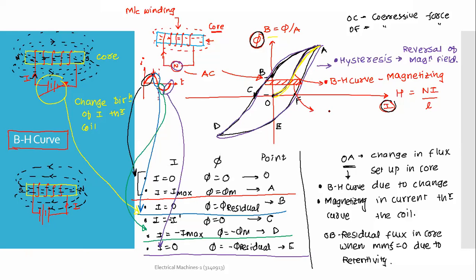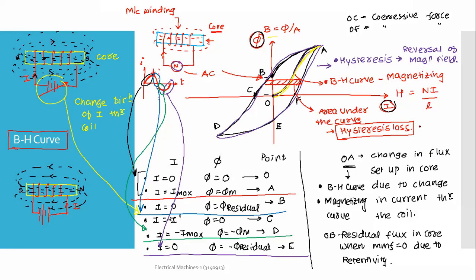So this area under the curve represents hysteresis. This is the energy which will be converted into heat energy due to continuous change of the position of the dipole domains in the material.